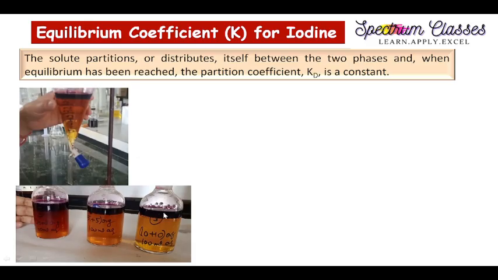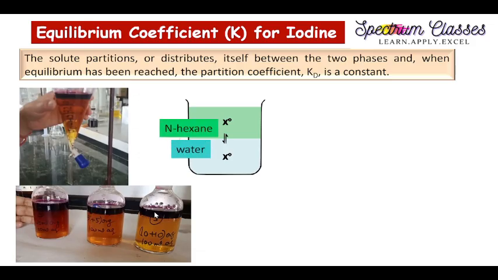In n-hexane we have different concentrations of iodine, and once equilibrium is established between the n-hexane and water, the concentration of iodine is different in both layers since it is more soluble in the organic layer. So here we are going to see the distribution coefficient for iodine in these two solutions.